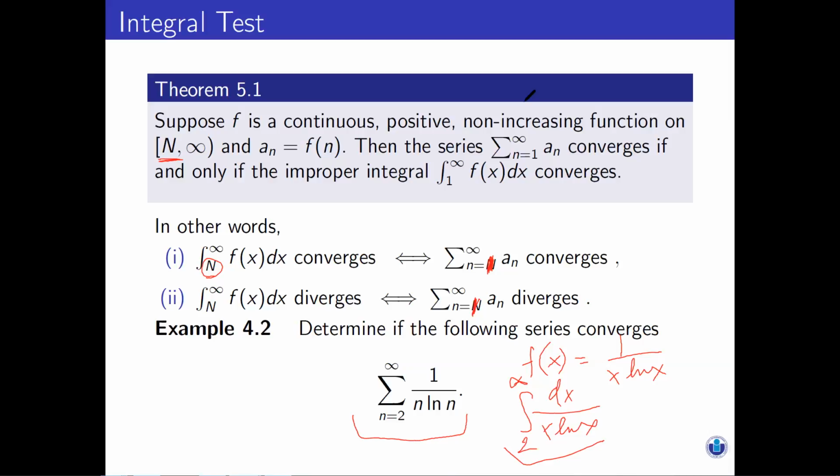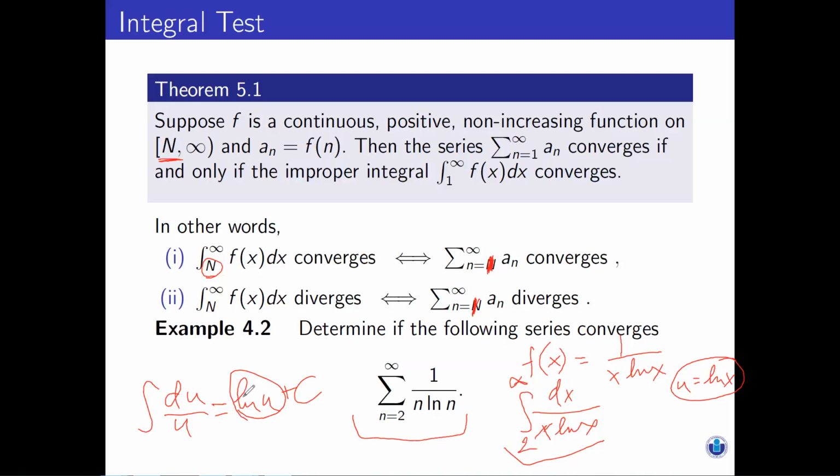Yes, it's divergent. You can find its antiderivative by doing the change of variable u equals log x. Then du is dx over x. So this part is du, and you have 1 over u. And so the antiderivative is log u, and log u is log of log x.